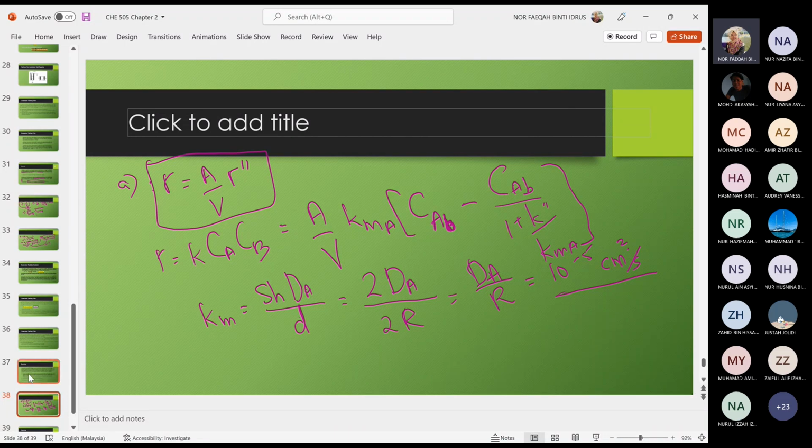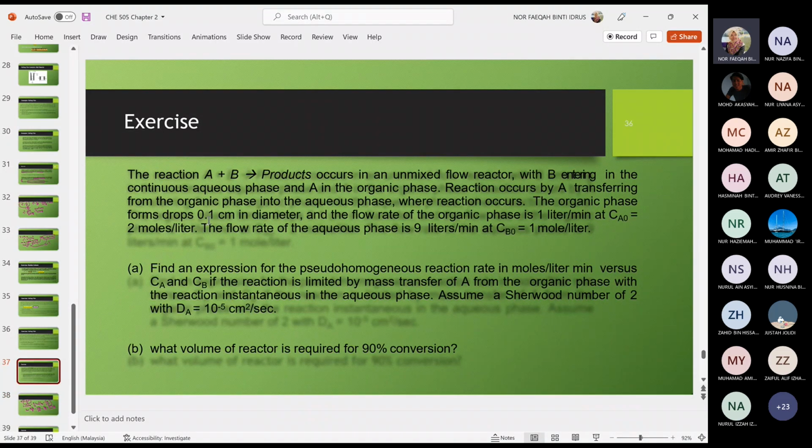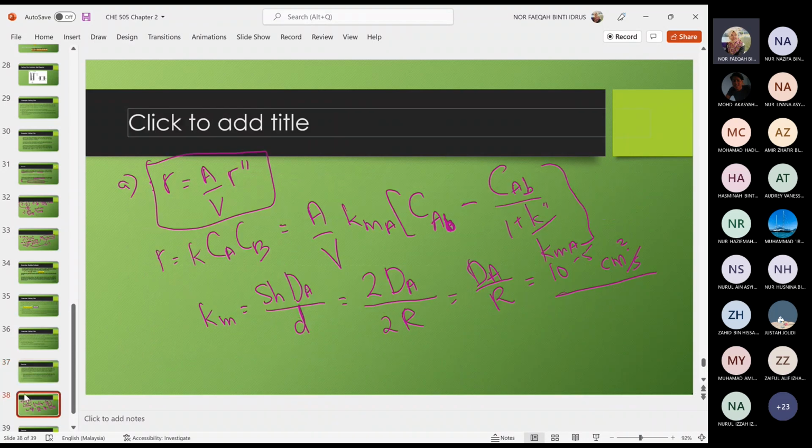Kalau tak nak jadiin radius, ganti masuklah 0.1 centimeter diameter. Ataupun kalau radius 0.05 cm. So this is the expression. Belum lagi nak buat calculation. Dia minta expression je.